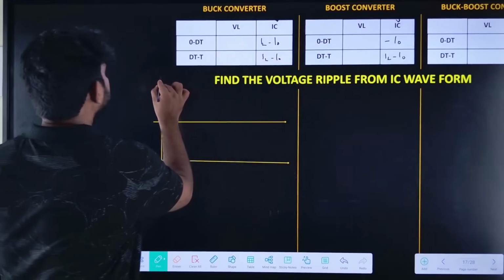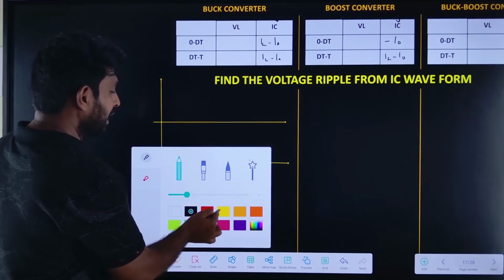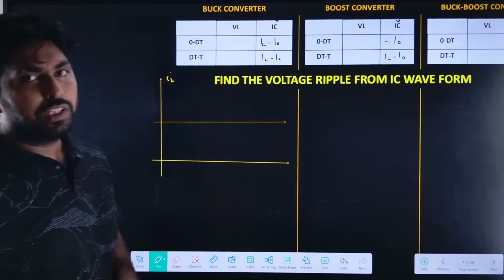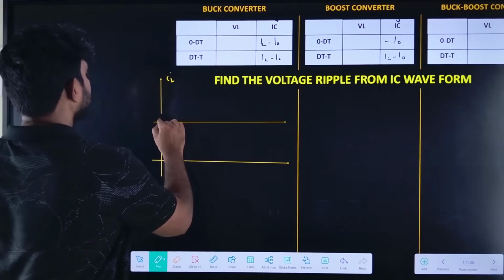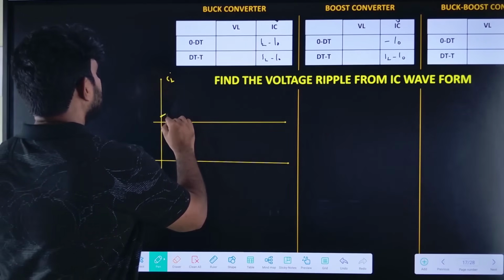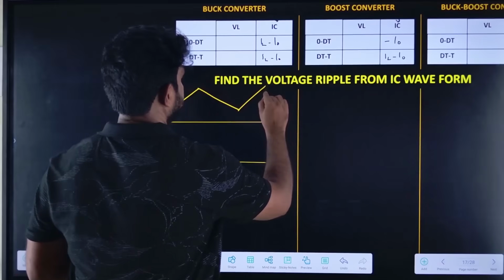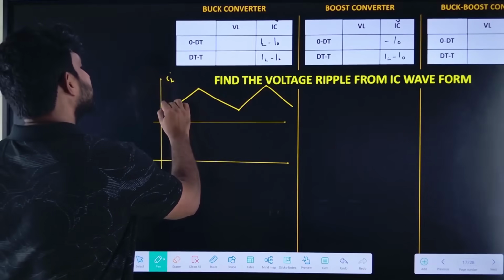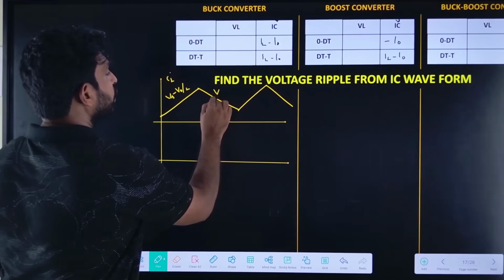So if I draw the IL here, how will the IL be? It will be like this, right? What is the slope here? It is equal to Vs minus V naught by L, which is equal to V naught by L.